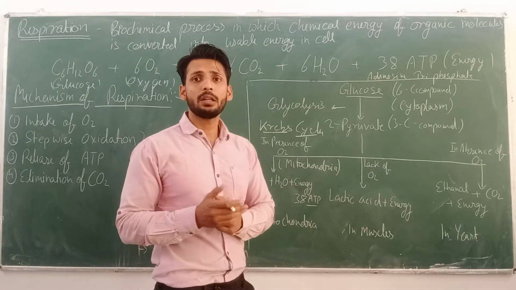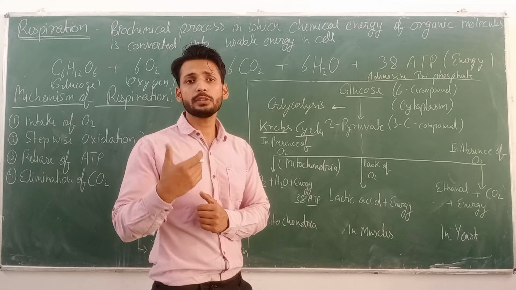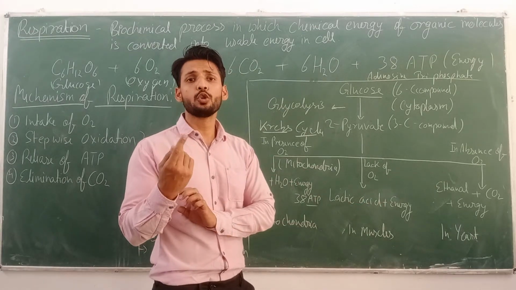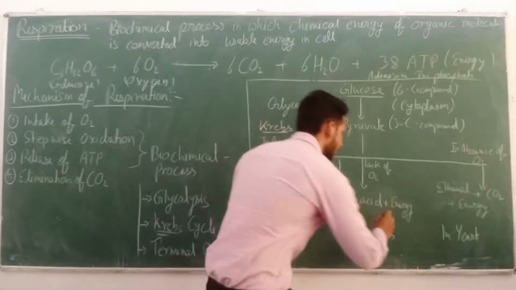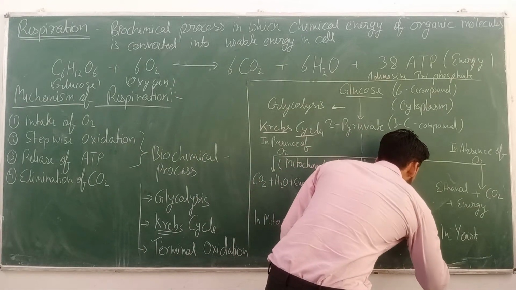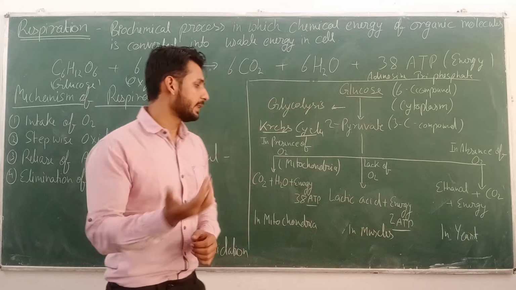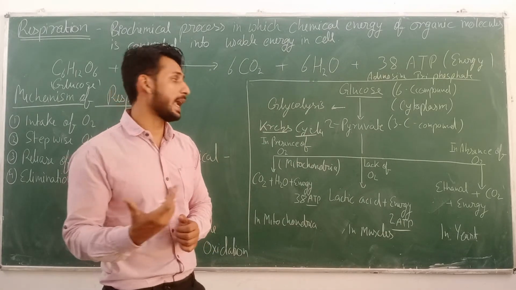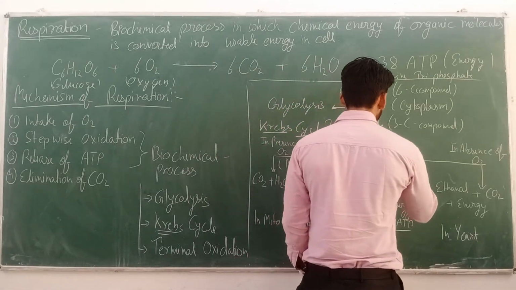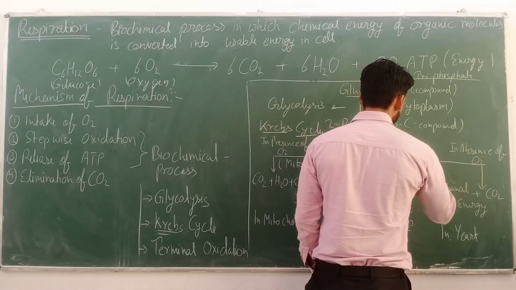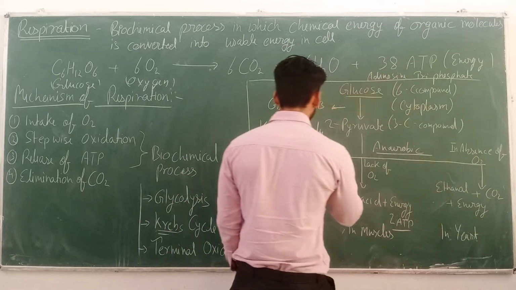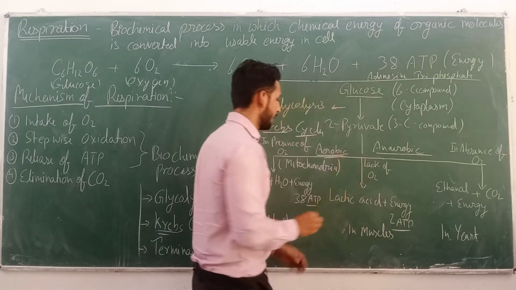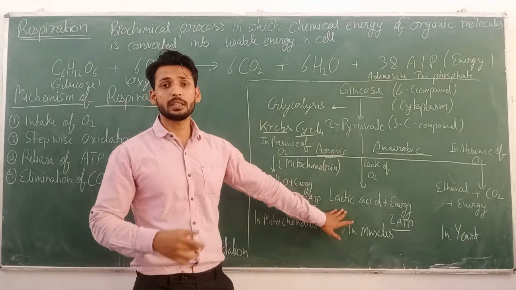So the glucose is oxidized and converted into lactic acid, and just 2 moles of ATP are produced, and this process is known as anaerobic respiration. Anaerobic, and the earlier one is aerobic respiration. So this takes place in the muscles.